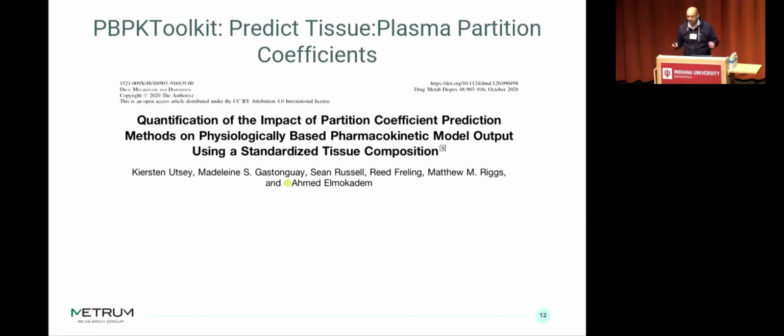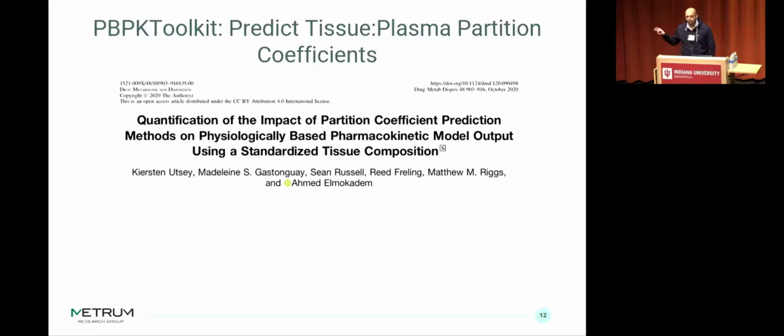Also, another thing that we noticed in software tools available to do this is that when you change the method, you cannot really directly compare the different methods, at least for the tools that I've seen, because when you switch the method, it switches the tissue composition as well, based on what tissue composition was published with that method. And by tissue composition, I mean the fraction of water, the fraction of lipids, and stuff like that in a specific organ, okay?